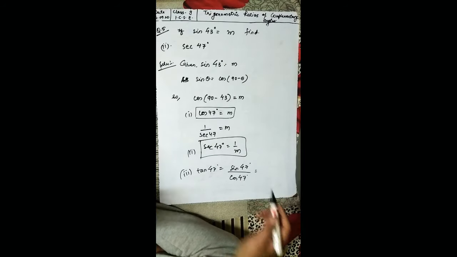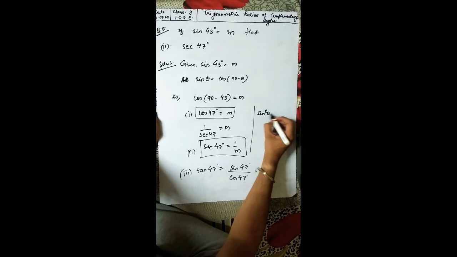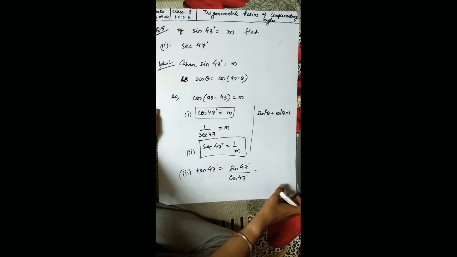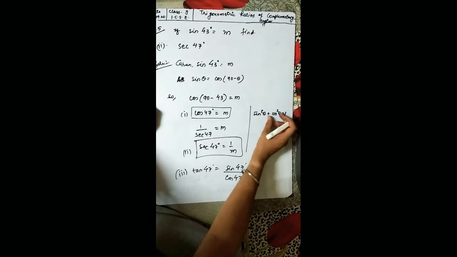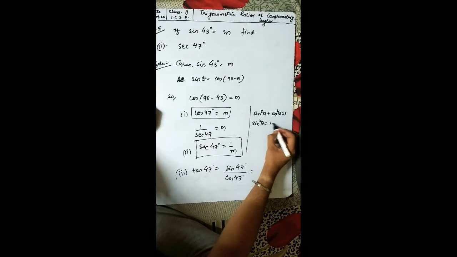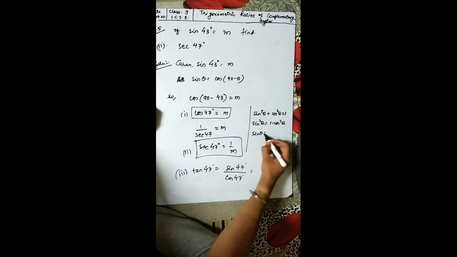That relation is sin square theta plus cos square theta equal to 1. We have already studied it; I think you may be remembering it. So what we do, take cos square that side. So sin square theta equals 1 minus cos square theta. If you cancel this square, we get under root of 1 minus cos square theta.